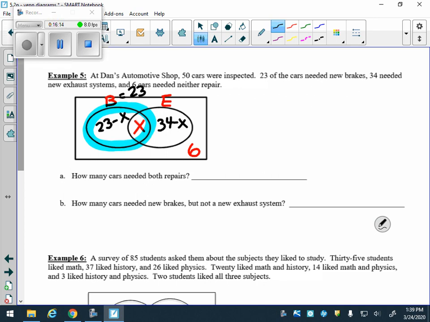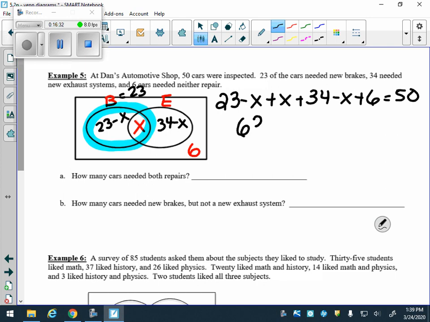Well, don't we have to add everything together and it should equal 50? Well, it's 23 minus x plus 34 minus x plus 6 equals 50. So when you add this all up, you have 63 minus x equals 50, negative x equals negative 13, x equals 13.